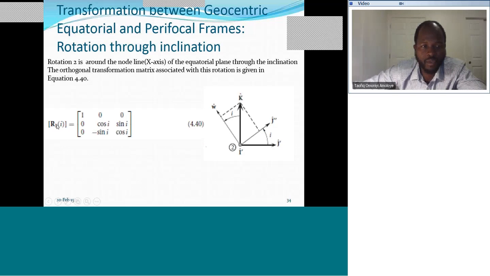And because we are moving about I on the x-axis, we have R1, and then i is the angle of our rotation. So the rotation matrix for rotation about the x-axis is given by equation 4.40.